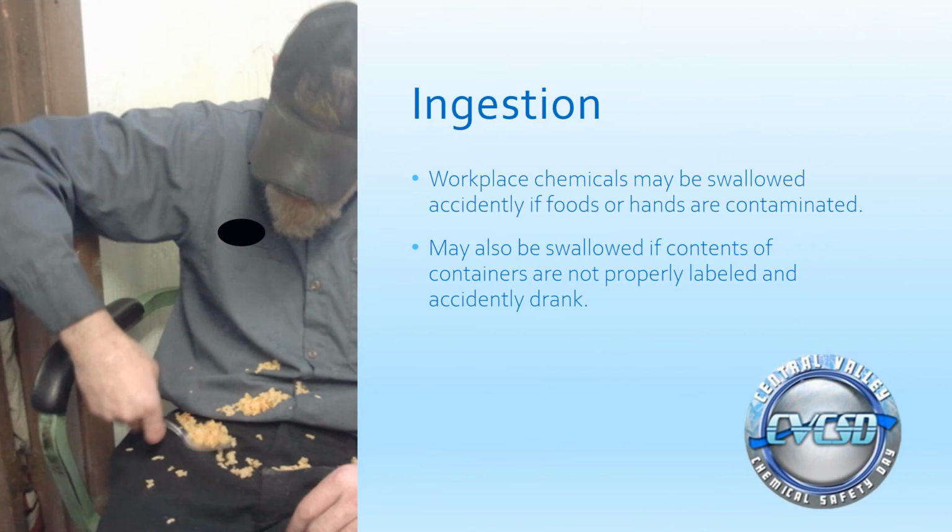Another exposure route is ingestion. Workplace chemicals may be swallowed accidentally if foods or hands are contaminated. They may also be swallowed if contents of containers are not properly labeled and are accidentally drunk. Some of your work surfaces may have traces of chemicals, and even your hands may have traces of a chemical you were previously handling.